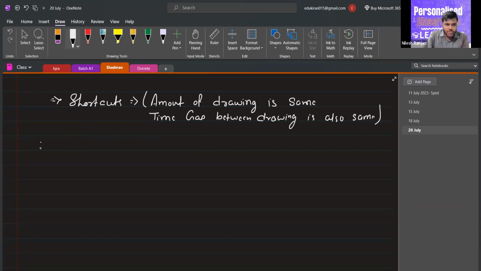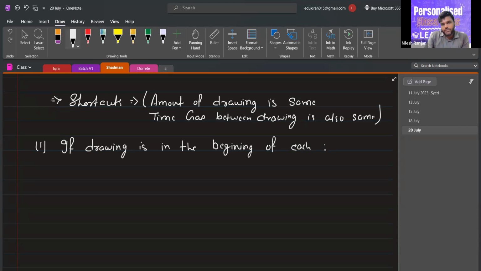Now, what are these shortcuts? If drawing is in the beginning of each month, then we will use a formula.